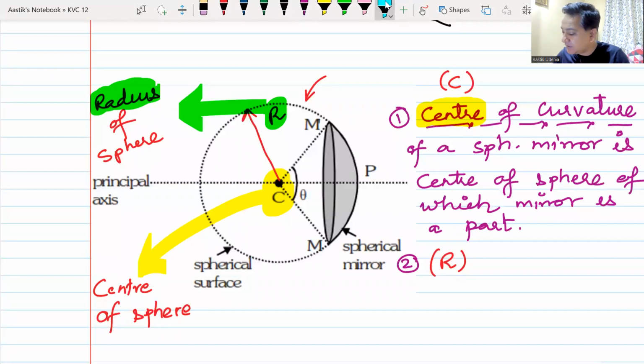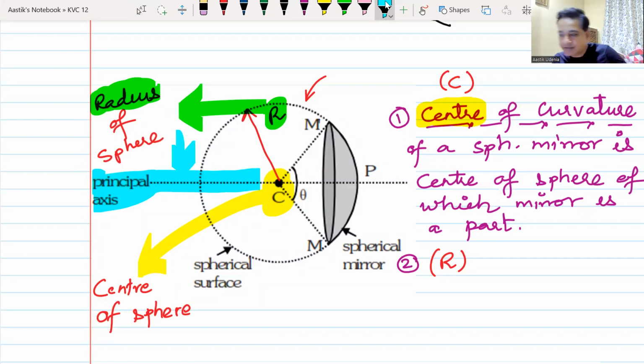Do you see this line in blue? Yes, sir. That is the next definition, and the next definition is for what? Principal axis. Do you understand the principal axis? Yes, sir. So that is the next definition, my dear friends, that we are going to write.